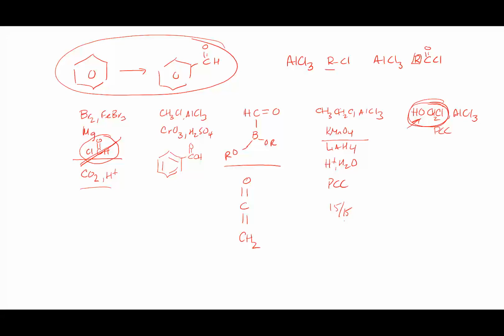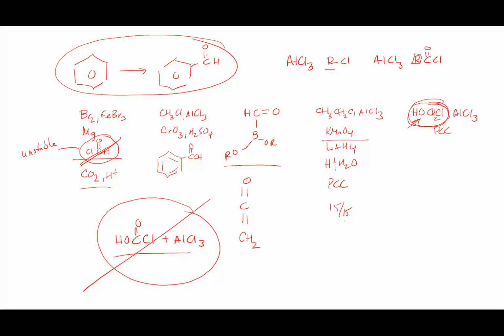So that one has been crossed out in the past. The other one that's been crossed out in the past is this: trying to put a carboxylic acid group on the ring by using that set of reactions. That was the first one that I crossed out.